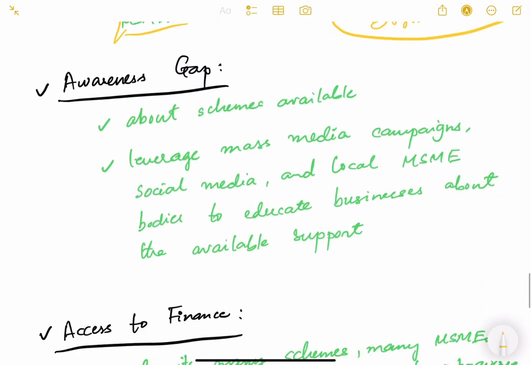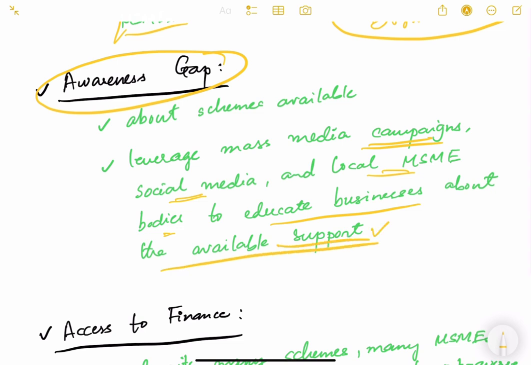Another broad shortcoming we have seen again is that there is an awareness gap. A significant portion of MSMEs are unaware of various government schemes that are available. What can be done? We can leverage mass media campaigns, social media, and local MSME bodies to educate businesses about the available support. Basically we have to spread awareness through IEC campaigns.